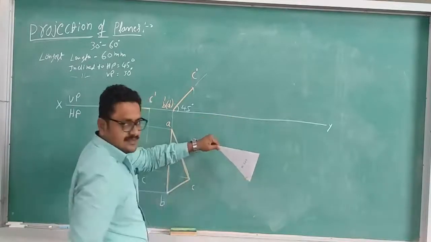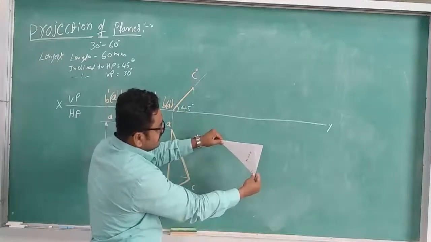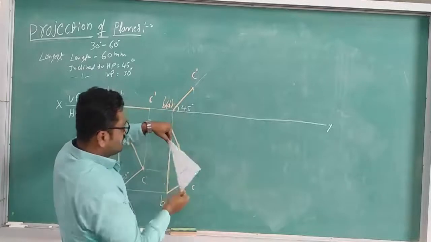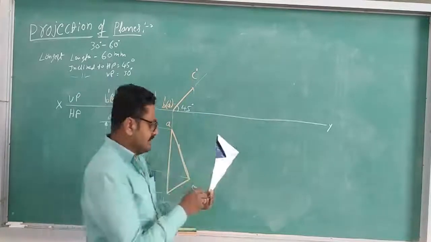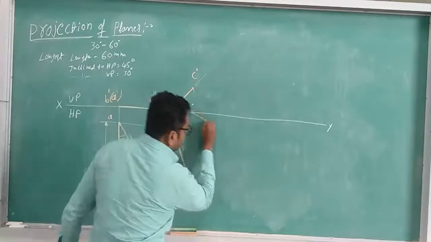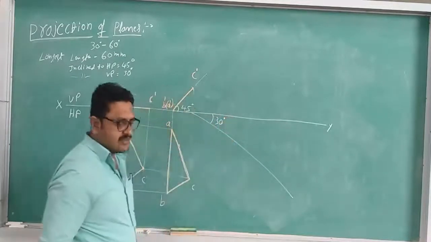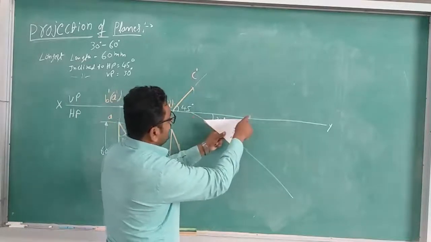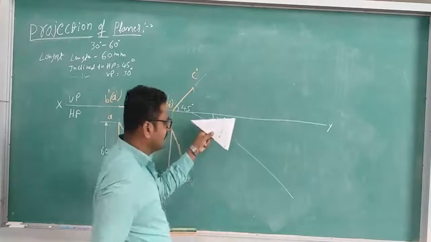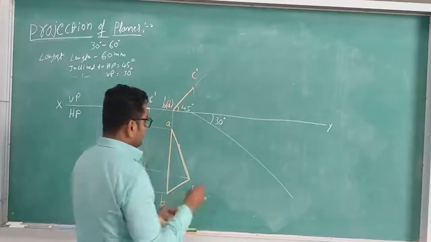So we need to draw a 30 degree line, and the longest side of the lamina should be kept on that 30 degree line. While placing it, we should not place it too near, so that this C does not cross the XY line. That's why keep some distance and place it downside.